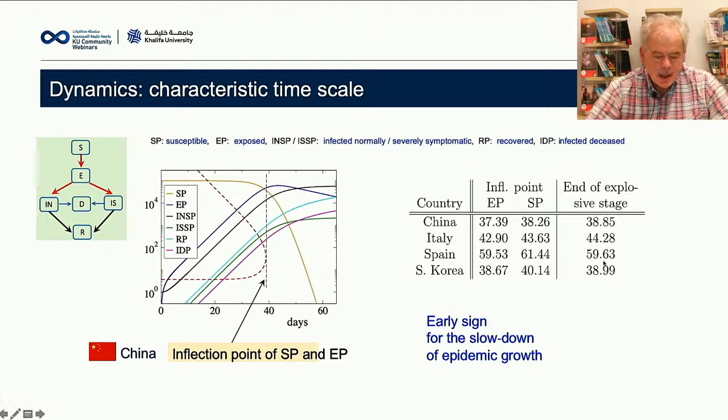This is the explosive timescale; these numbers are in days. And here is the inflection point of the exposed and susceptible population. You see that in all these cases, these predictions are very close to the end of the explosive timescale, which shows that relying on the prediction of the explosive timescale provides an accurate number for making decisions.